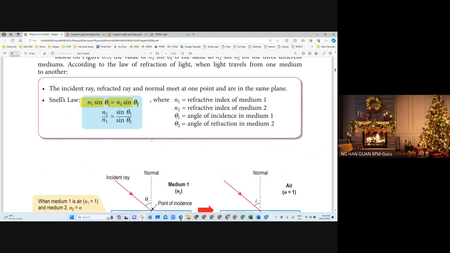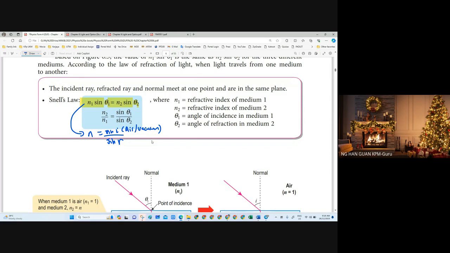And this one, as I mentioned just now, also equals n equals sin i over sin r when we simplify it. Even when we simplify it, you must remember it must apply between air or vacuum.